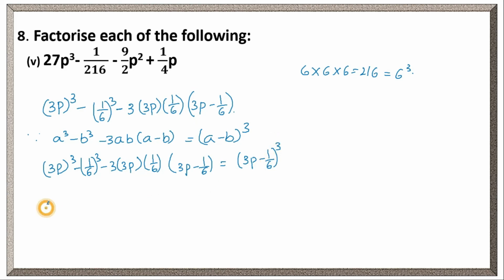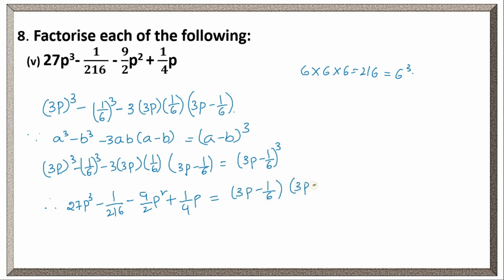Clear? Therefore, 27p cube minus 1 by 216 minus 9 by 2 p square plus 1 by 4 p equal to (3p minus 1 by 6) into (3p minus 1 by 6) into (3p minus 1 by 6) are the factors of the given cubic polynomial.